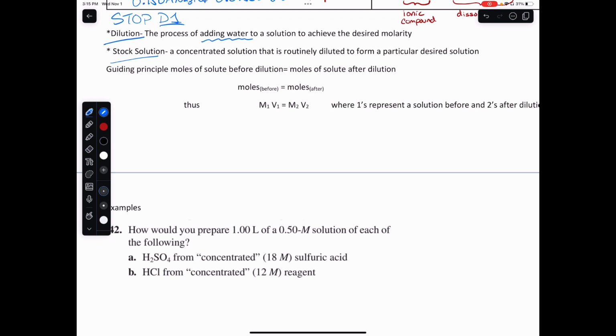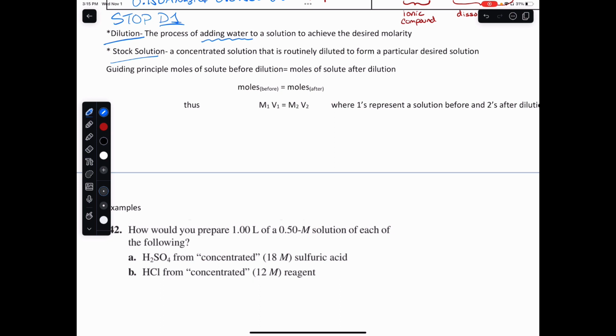Think about it this way. I don't have every molarity of hydrochloric acid that I may ever want. So I buy a very concentrated stock solution. It's like 17 molar, and I keep it in the stock room on stock.